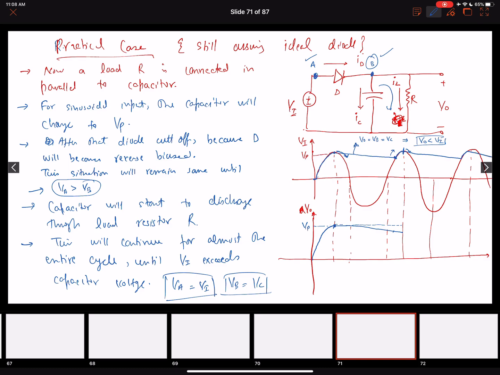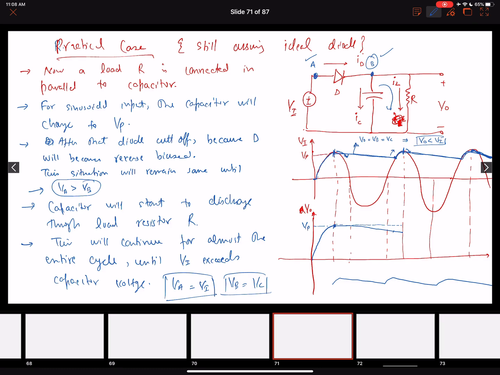This is what we get after connecting the load resistor and the capacitor. So we get this ripple voltage. During the first cycle it will charge, and then we get this continuously. Something like this, right? Okay.